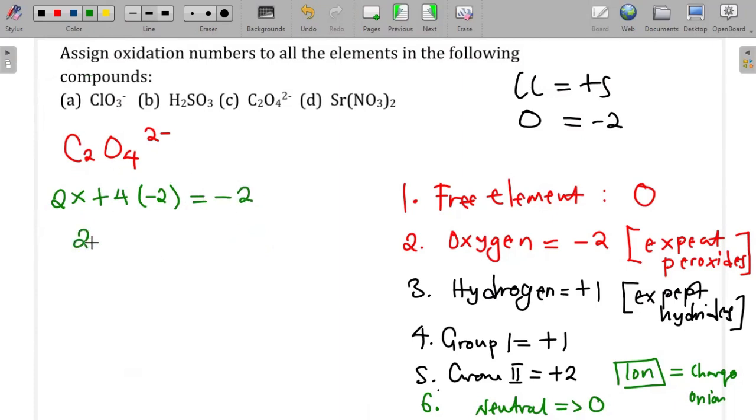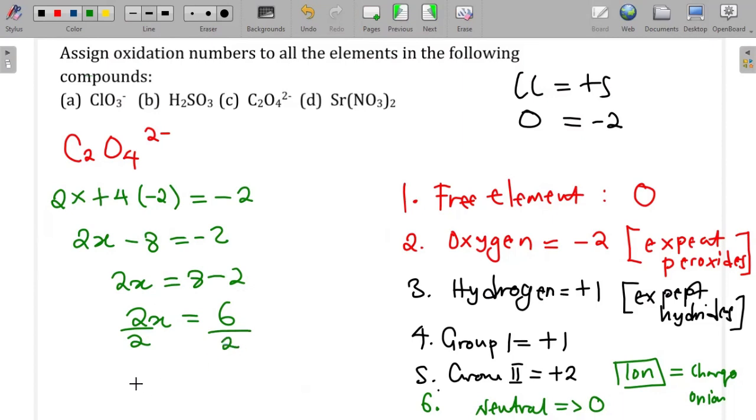So that will be 2X minus 8 is equal to -2, and this will be 2X is equal to 8 minus 2, so 2X is equal to what? 6. So I divide this by 2, divide that by 2, the oxidation number of carbon in this case will just be positive 3. So the oxidation number of carbon is +3, and the oxidation number of oxygen is -2. I hope you've gotten it there.